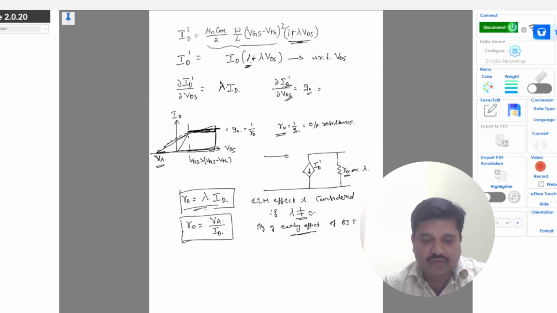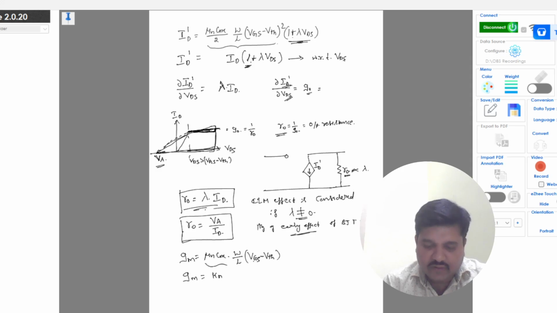Another point I would like to mention here is the transconductance. GM is nothing but the differentiation of this equation, which is mu n COX W by L into VGS minus VTH. This is the expression of transconductance. GM is equal to Kn into VOV.